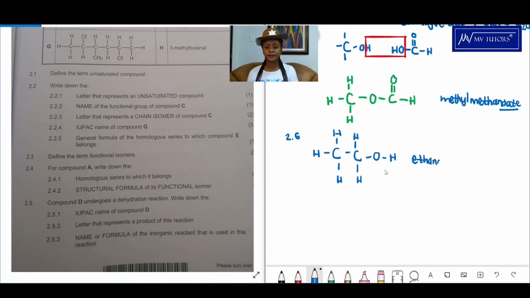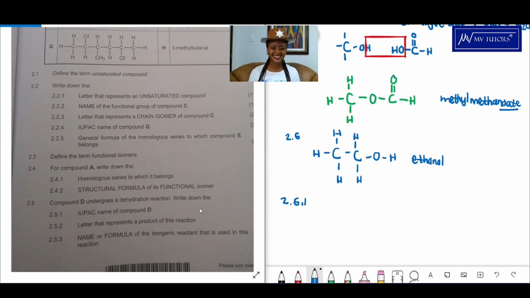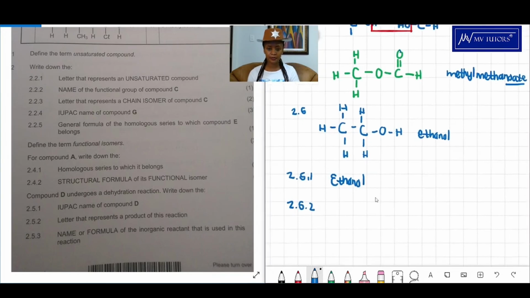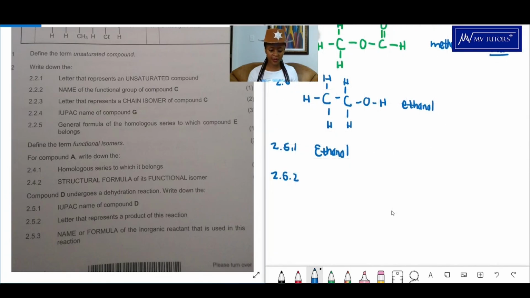Now let's answer the question. 2.5.1, the IUPAC name for compound D. Is this the D we're looking at? Yes, it is. So that is ethanol.